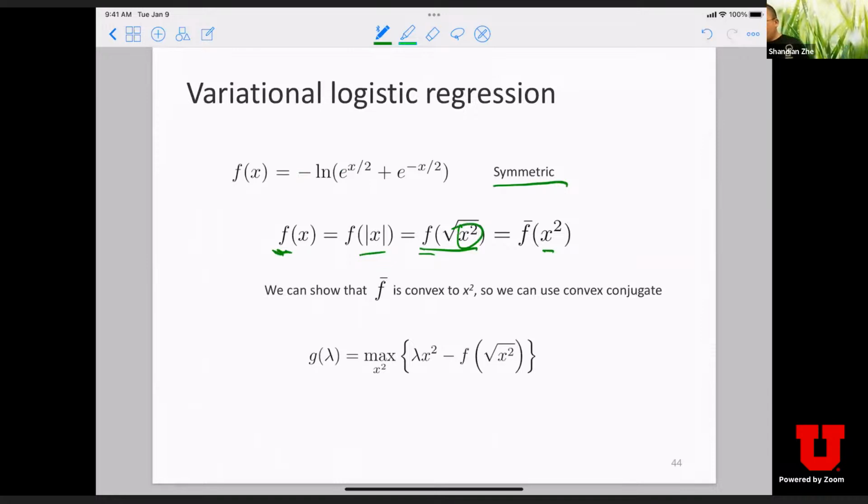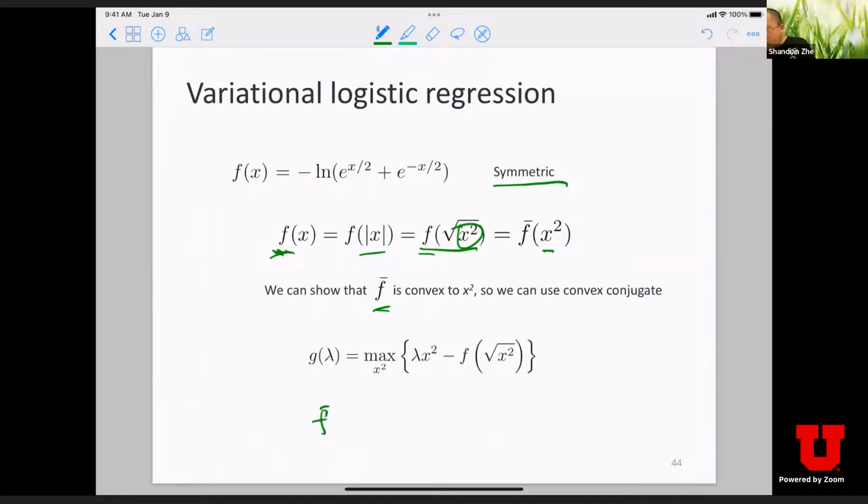And what's the benefit? We can show that if you view the original f as a function of x squared, this new function f bar is convex in x squared. Then we can apply convex conjugate.